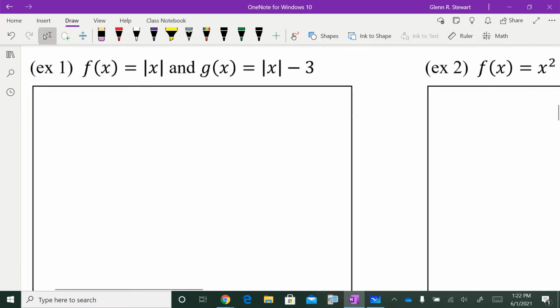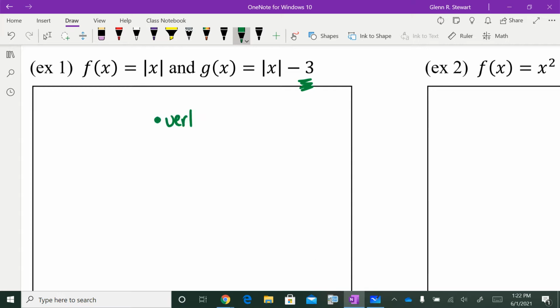So we start with the parent function, f of x is absolute value of x, and then we move into the parent function's change, which is g of x is absolute value of x minus 3. Note, because this is a minus 3 on the outside, this is a vertical movement.